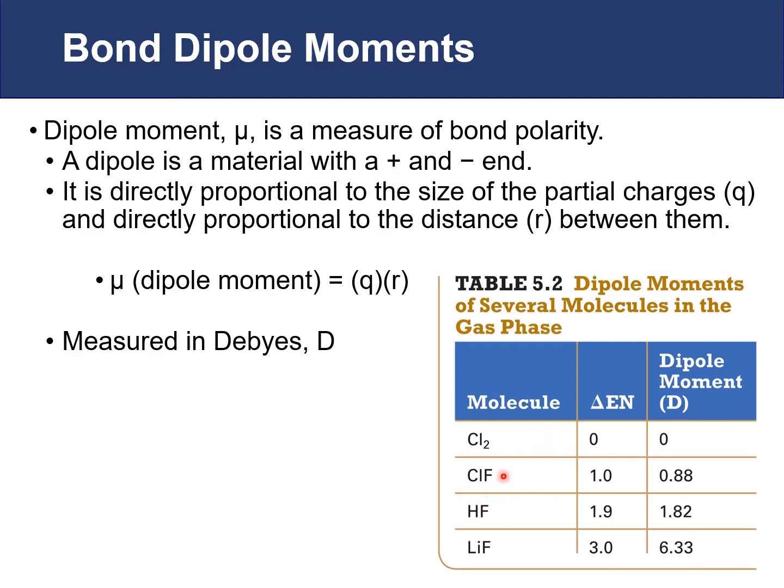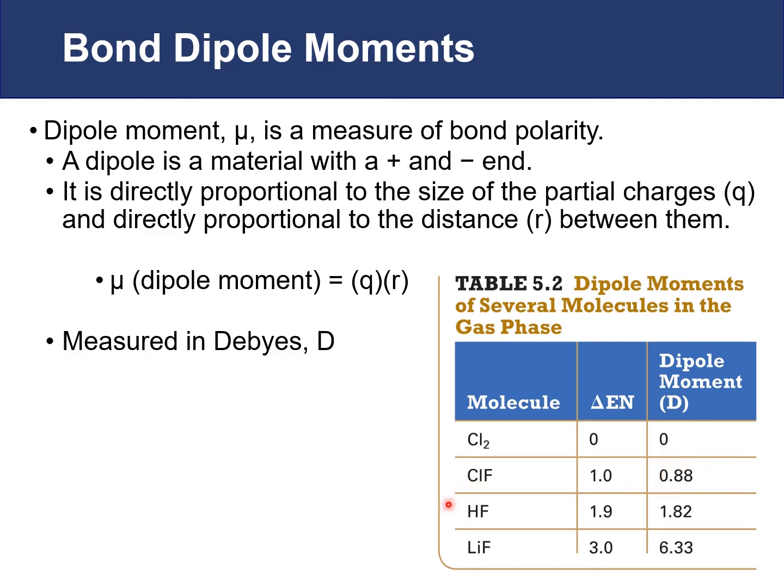Fluorine is the most electronegative atom, and so if we take a chlorine, bond it to a fluorine, the fluorine will pull the electron density towards it. This gives us a difference in electronegativity of 1 and a dipole moment of 0.88. So this would be a bond that has a fairly strong dipole.